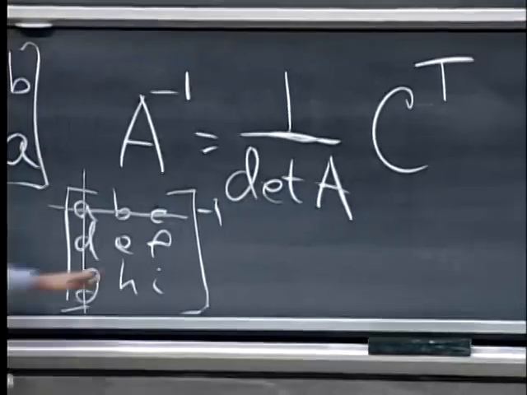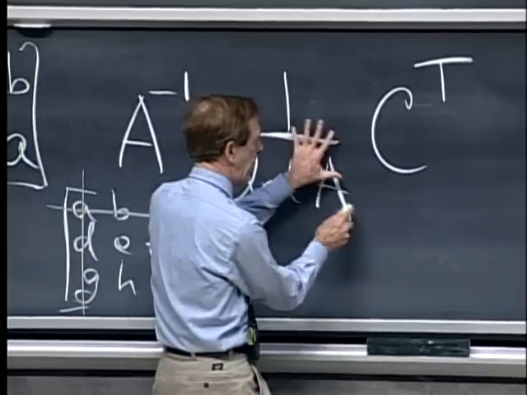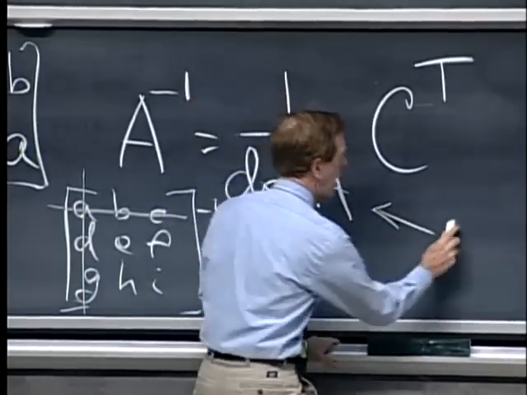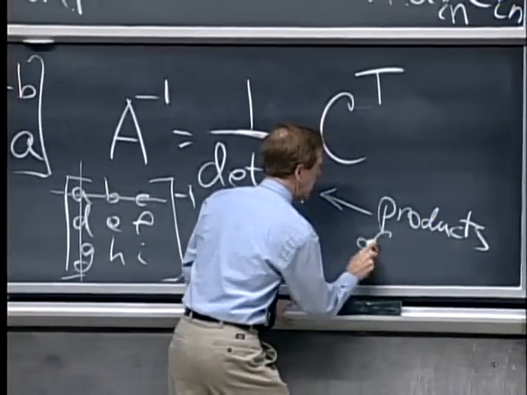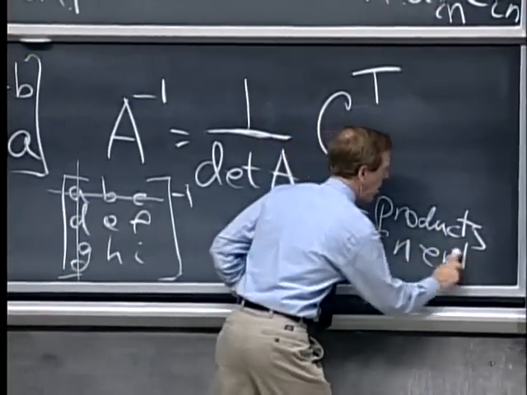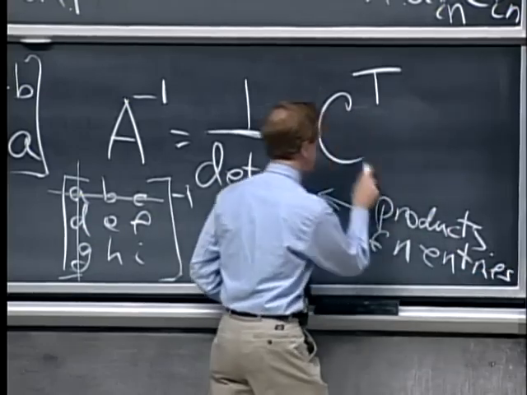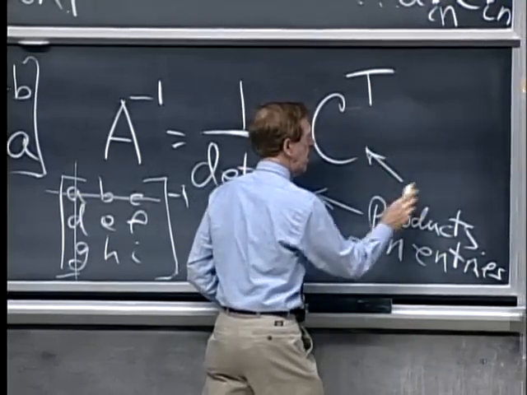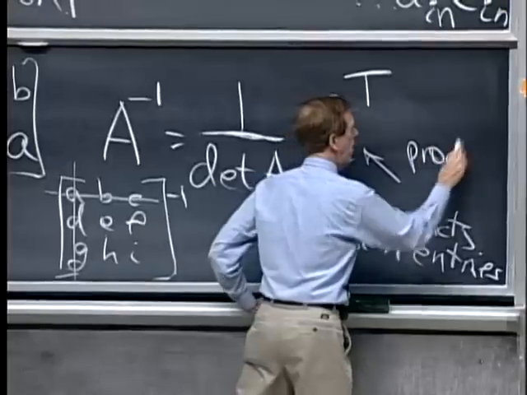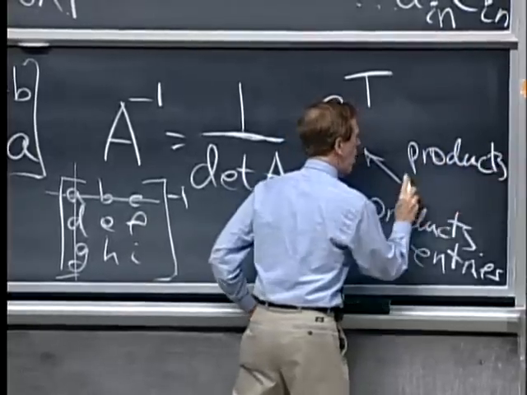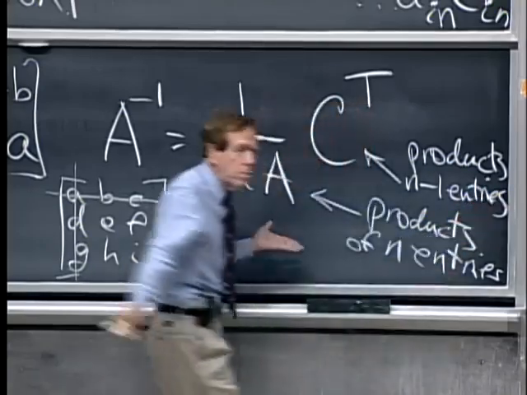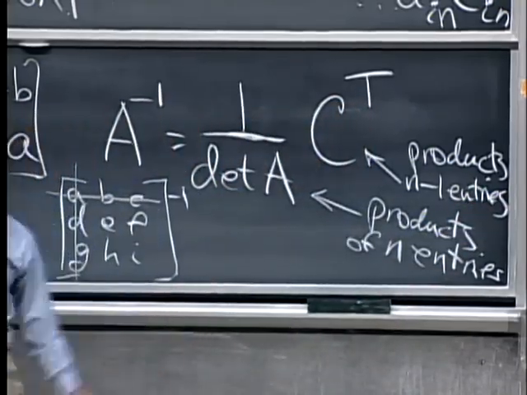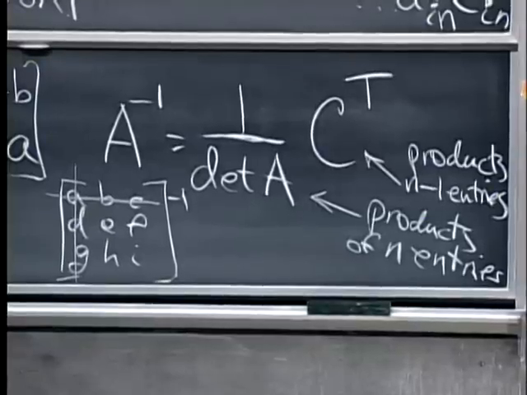I'm just making the observation that the determinant of A involves products of N entries. And then the cofactor matrix involves products of N minus 1 entries. And we never noticed any of this stuff when we were computing the inverse by the Gauss-Jordan method or whatever.